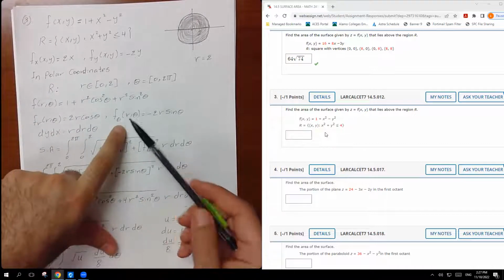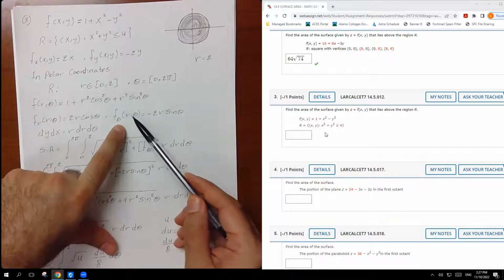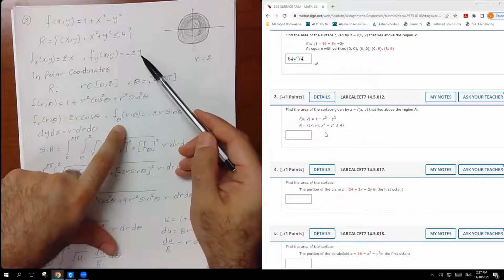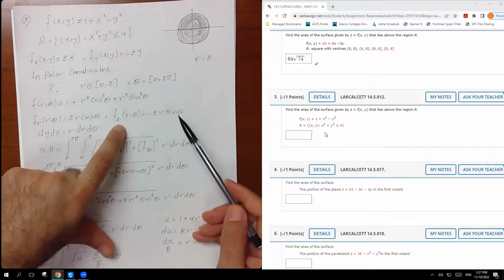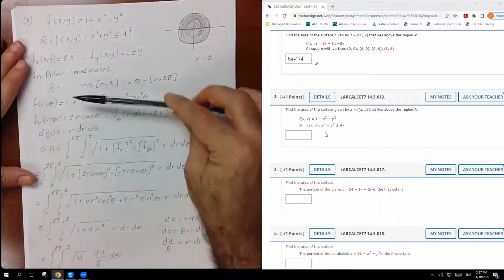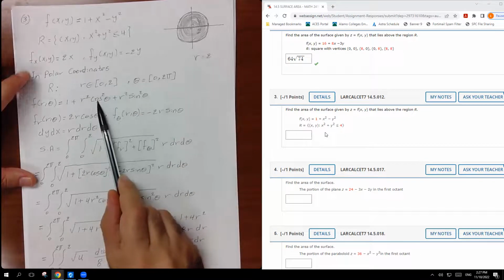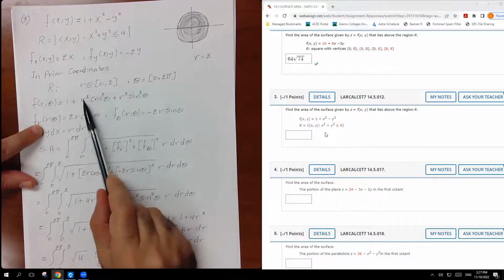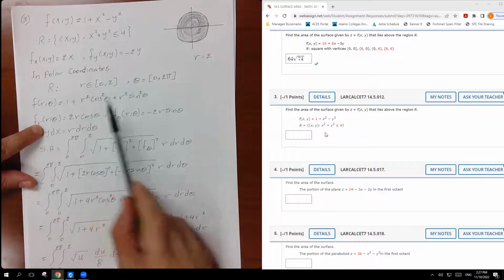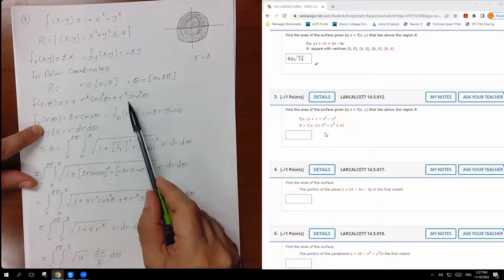The same thing for f sub theta: negative 2y becomes negative 2r sine theta. Or you can go from here and find the derivative with respect to r, which is 2r cosine theta.